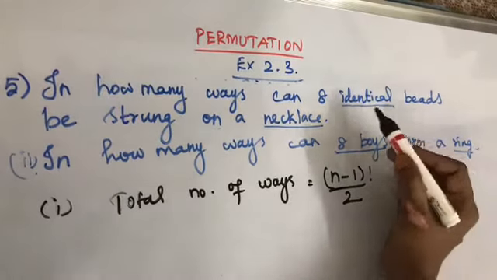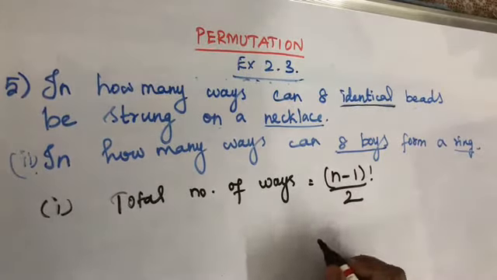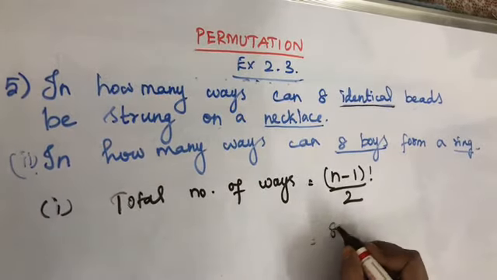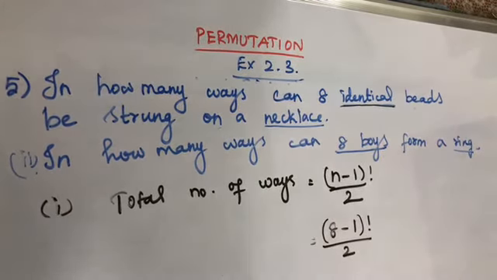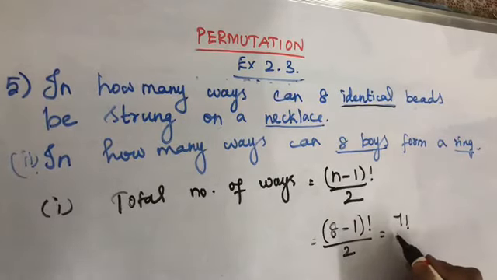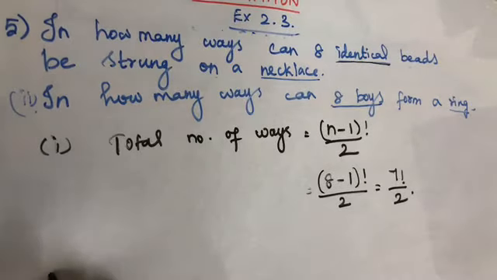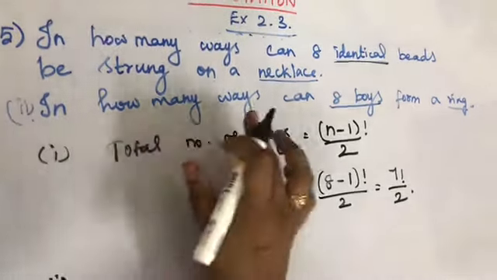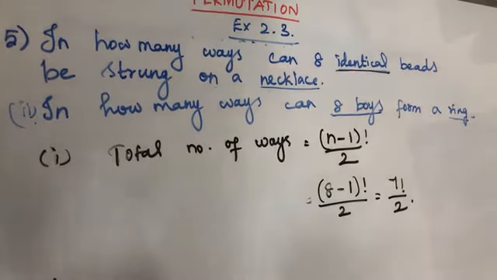Okay, since it is identical, here 8 beads are there. So (8 minus 1) factorial divided by 2, that is equal to 7 factorial divided by 2 ways. What about the second one? In how many ways can 8 boys form a ring? They are not identical.